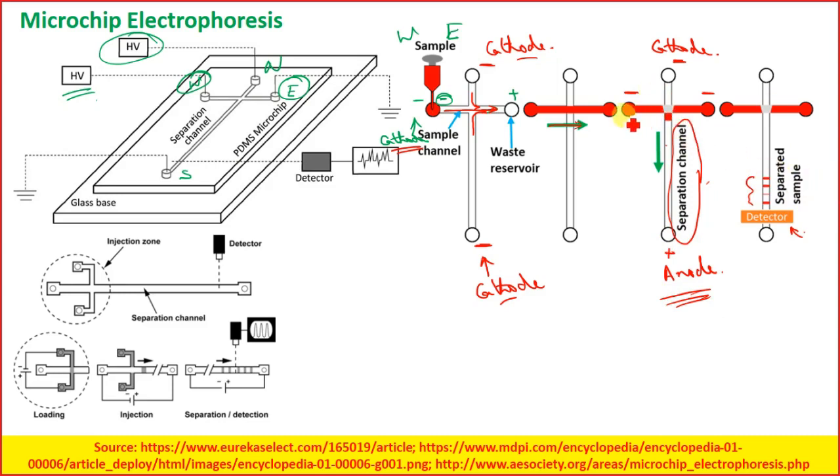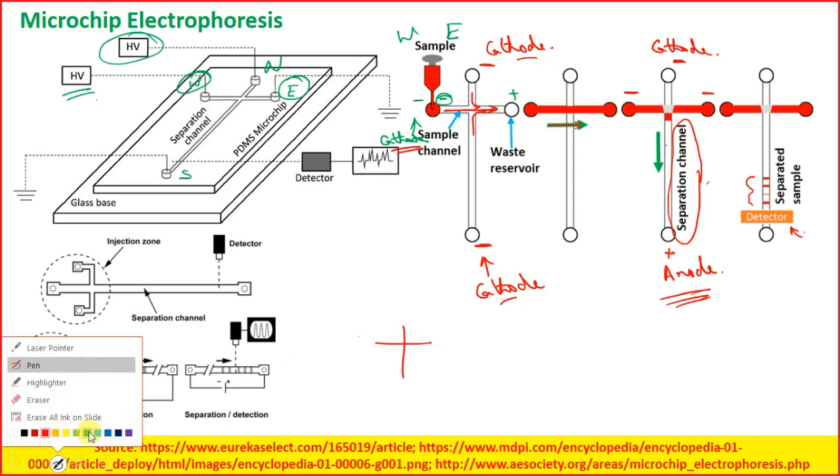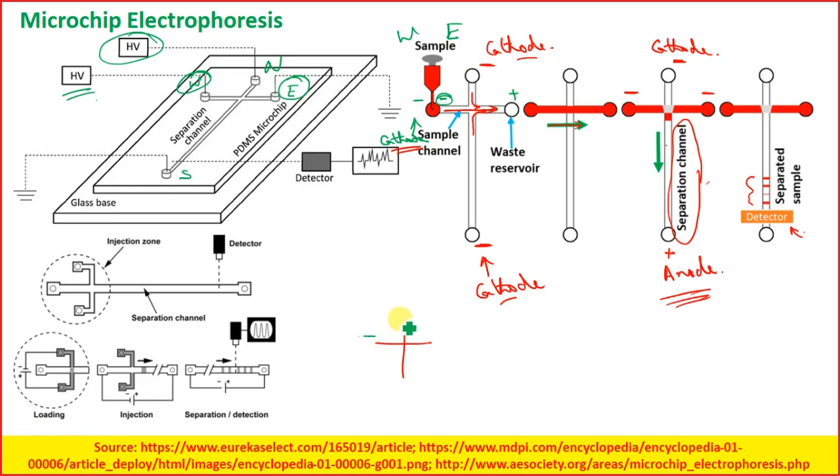So there is a sequential change in the electrical field. So initially what is happening? Suppose if I draw like this, say cathode, cathode, cathode, and this will be anode. Okay, so the anions will be moving towards this anode, right?